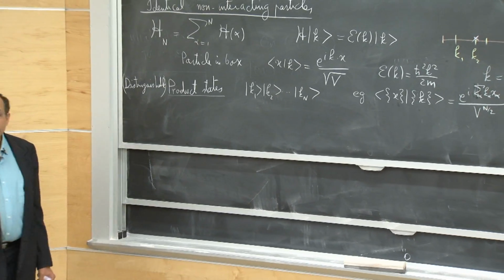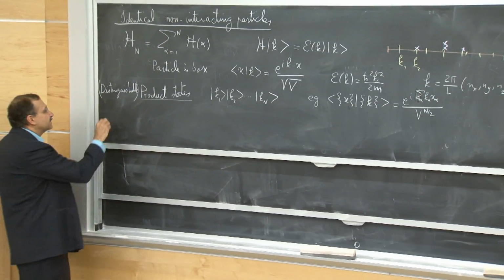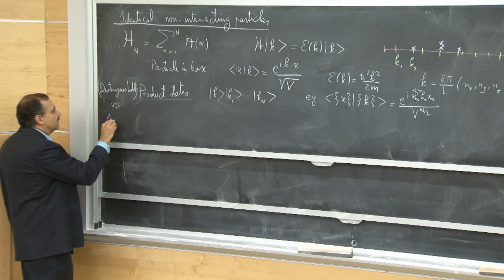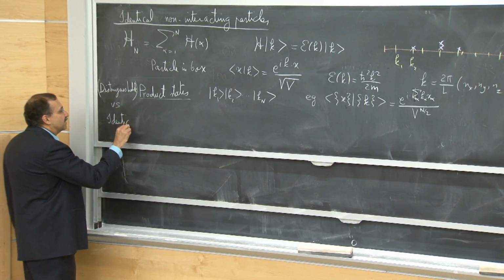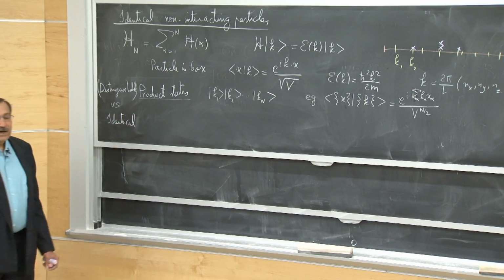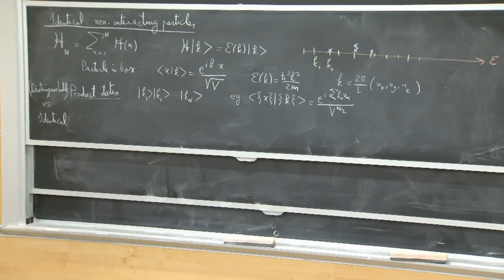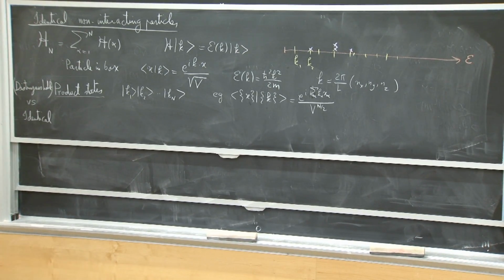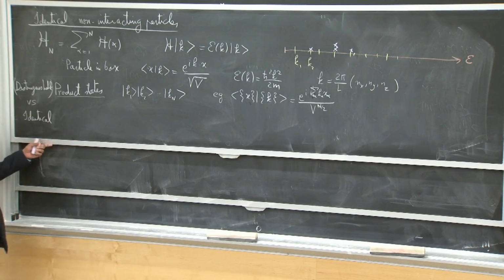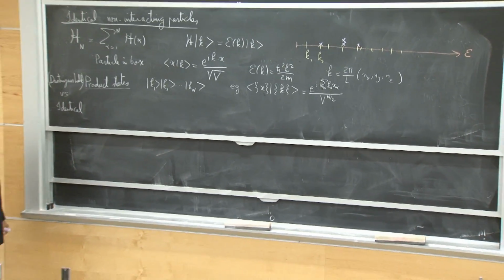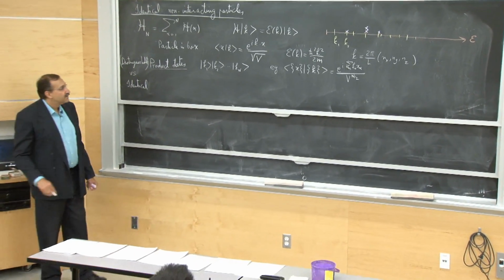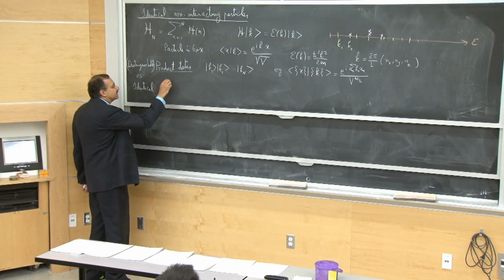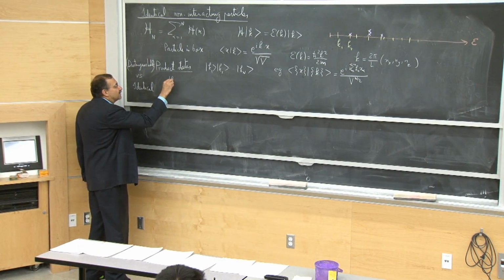But if you have identical particles, you had to appropriately symmetrize or anti-symmetrize these states. So what we ended up with was a way of, for example, symmetrizing things for the case of fermions.